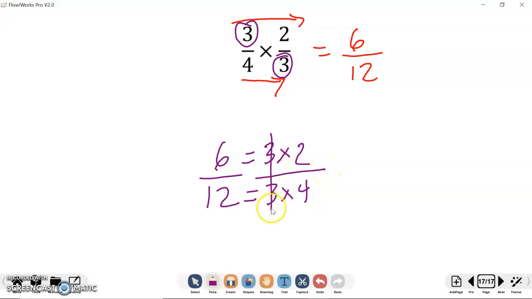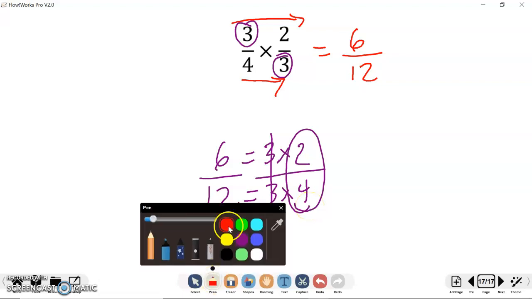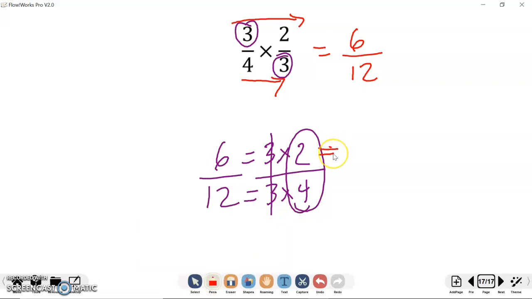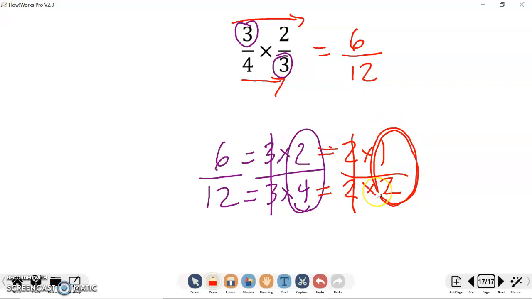And when I cancel my 3's, I'm left with 2/4. Now, here's the only issue with that, is that I also know that 2 is equal to 2 times 1, and 4 is equal to 2 times 2. So I actually could simplify just a little bit further, and then my solution is going to be 1/2.